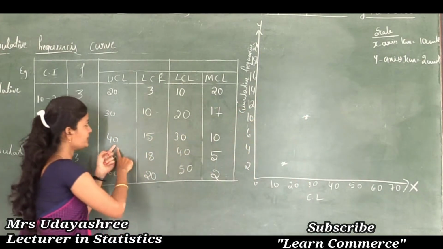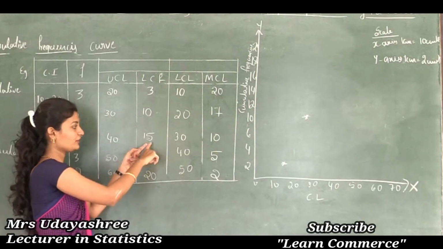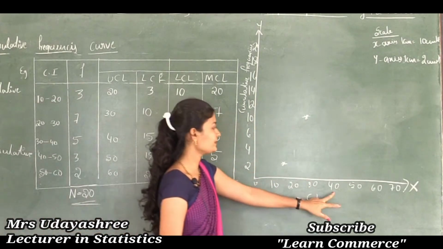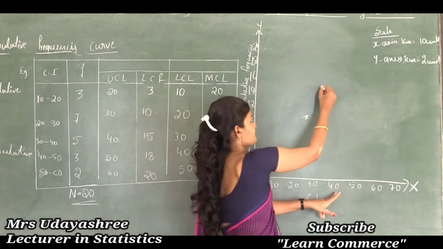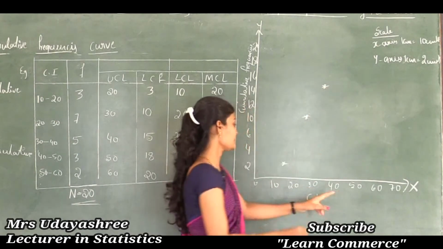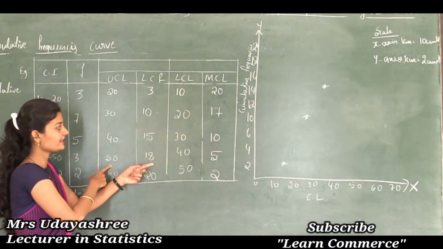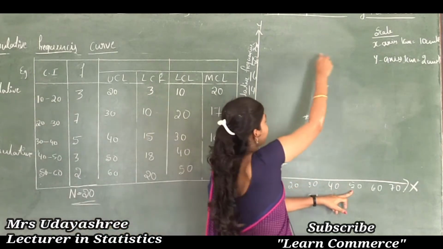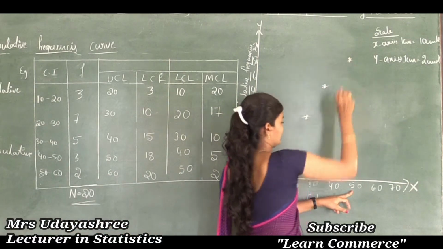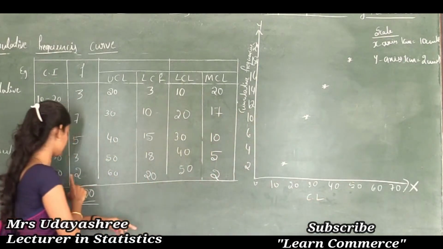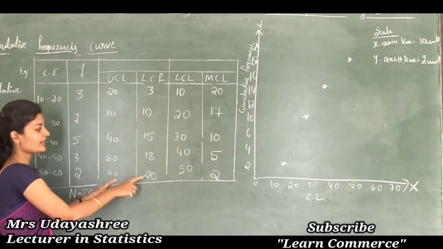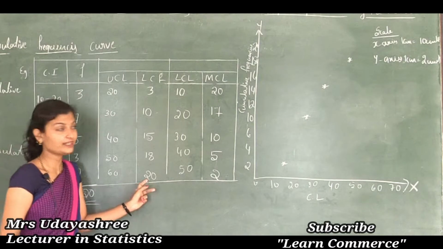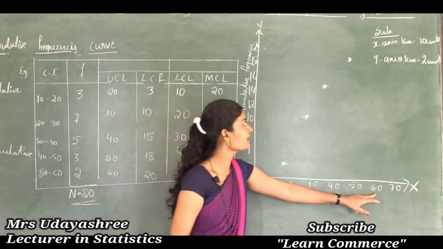Next is 40. For that corresponding cumulative frequency 15. So 40 is here. 15 comes here. Next is 50. For that 18. So 50 is here. 18 is here. Next is 60. For that corresponding cumulative frequency 20. So 60 is here.